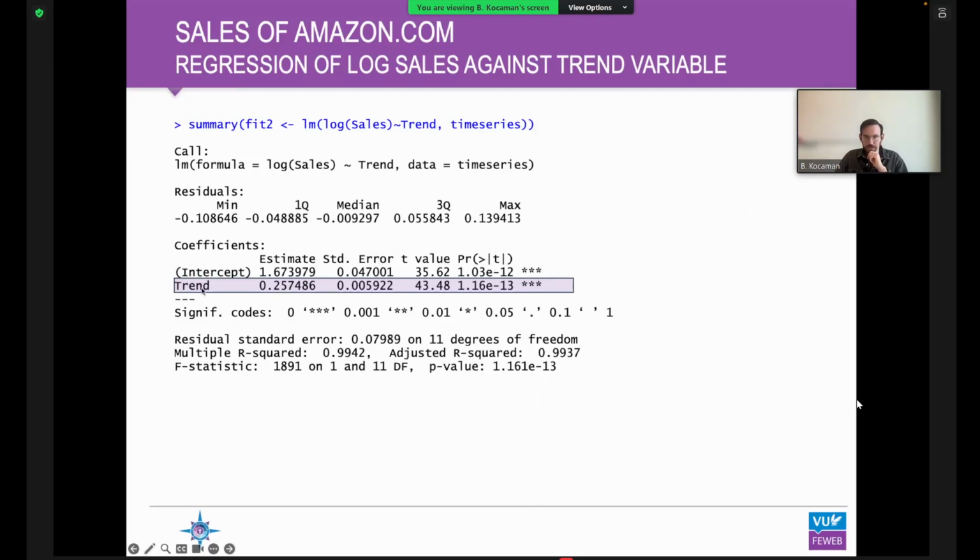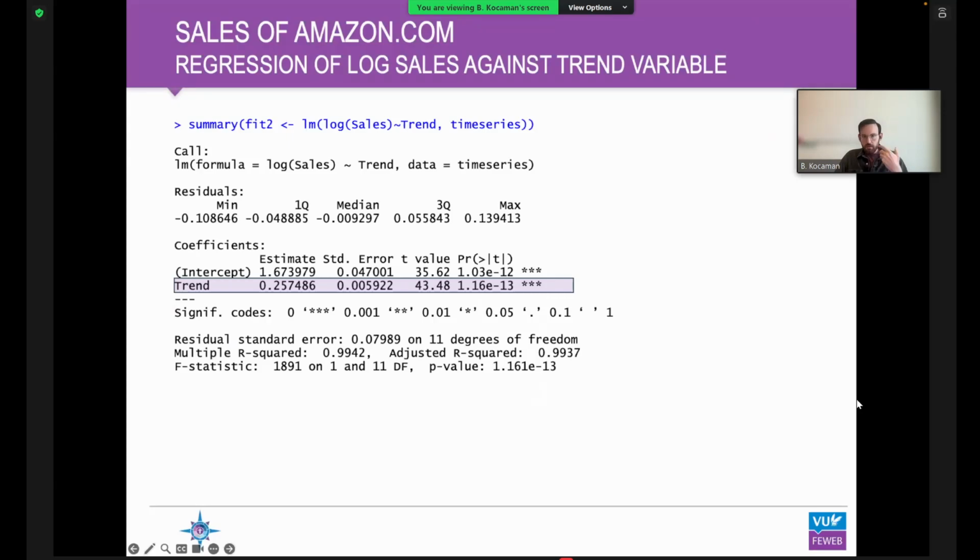So this means that with 1 unit increase in trend, or in other words, within 1 year, log sales increases by 0.25. Not sales, but log sales. The log transformed sales increases by 0.25 because our dependent variable here is the log transformed sales.